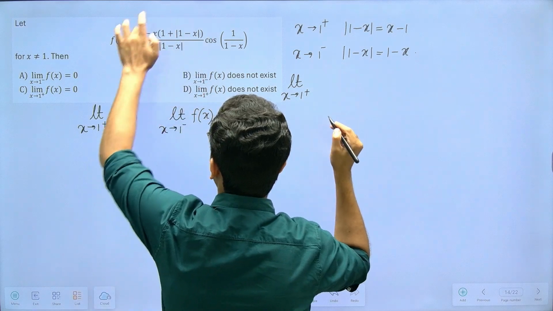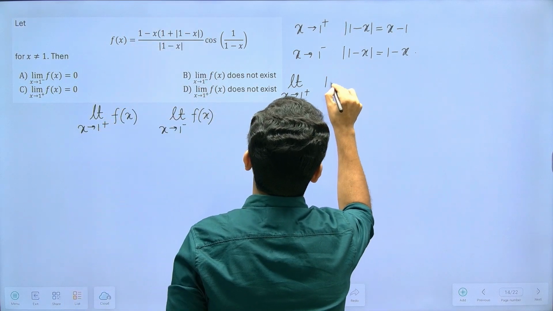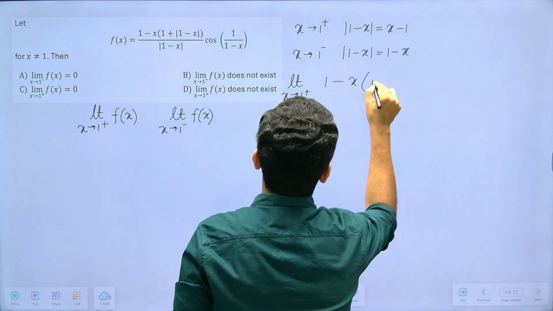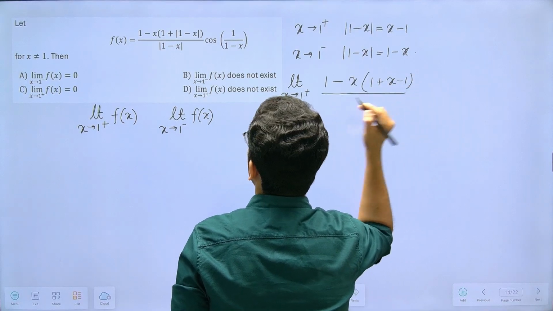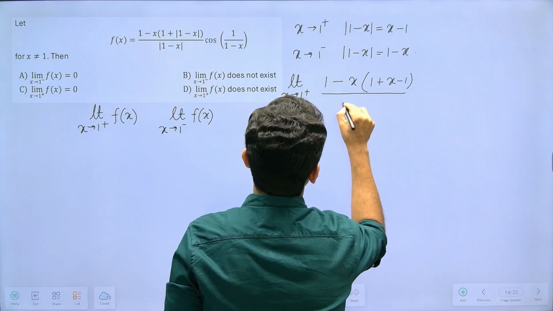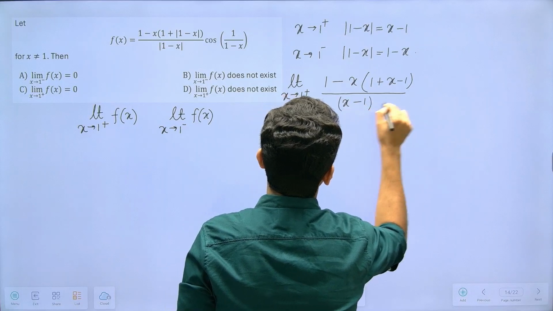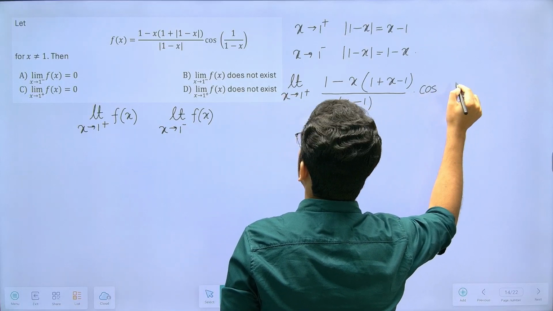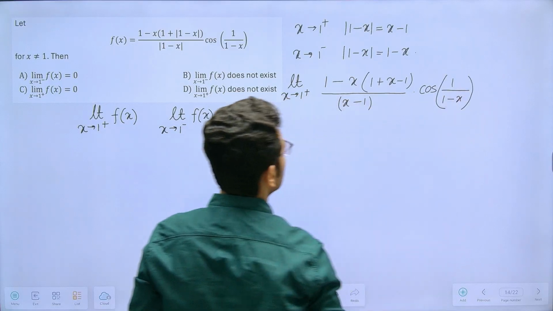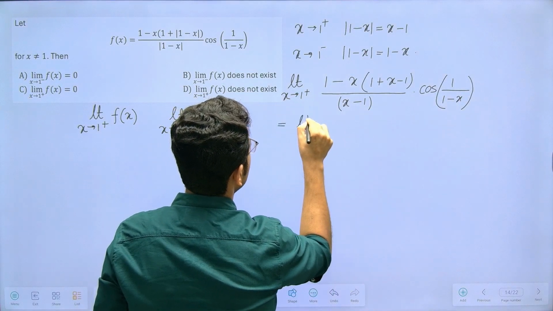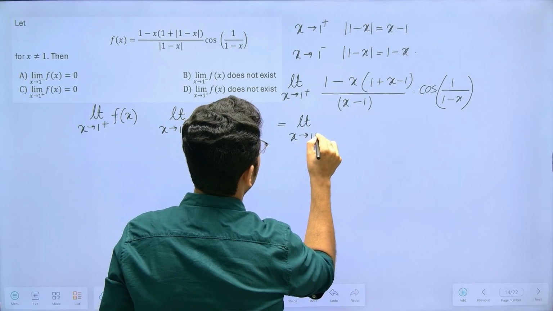Let us first redefine this function. It will be (1 minus x) into (1 plus x minus 1) divided by (x minus 1) into cosine of 1 by 1 minus x. We need to find this limit value. So this is equal to limit x tends to 1 plus.